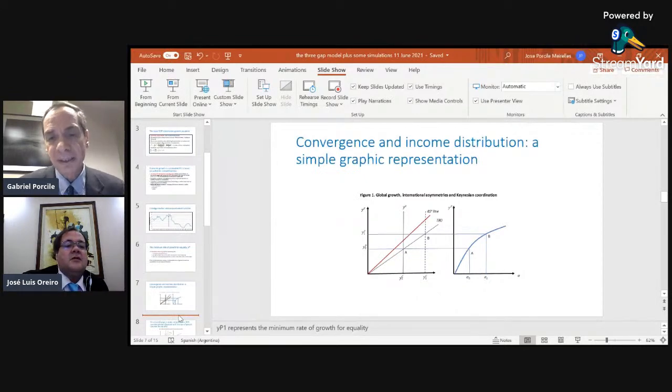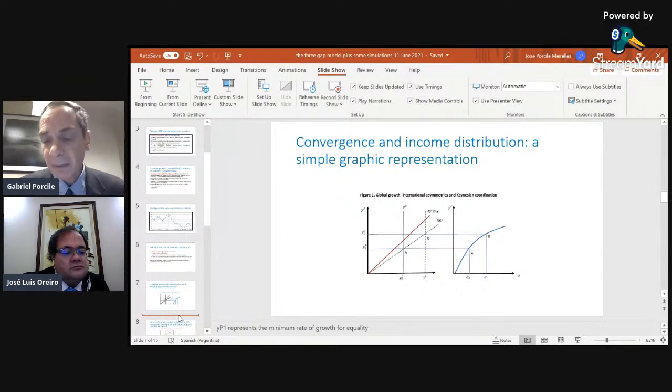If the economy grows in A, the wage share will be also in A on the right, but we need a higher rate of growth if we want to improve equality.